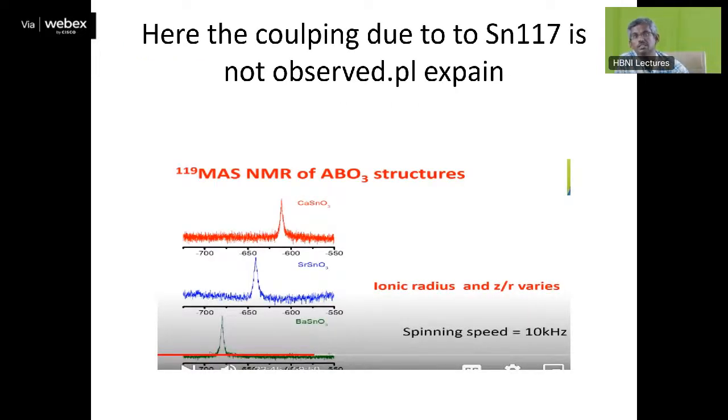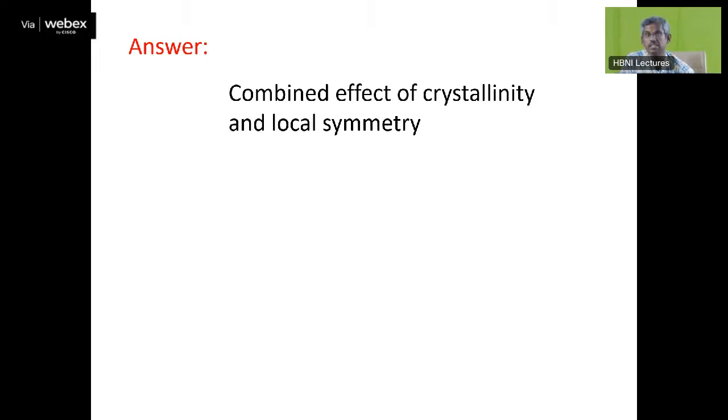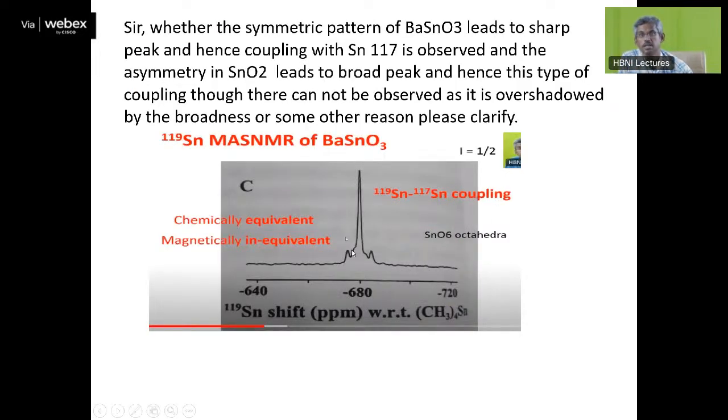And another question asked is: here the coupling between tin 117 is not observed, please explain. You have seen in the previous case that you are able to see the coupling here, and then another is a very sharp peak. You see the sharp peak of tin 119, and this tin 119 is coupling with the tin 117, and we get these symmetric doublets.